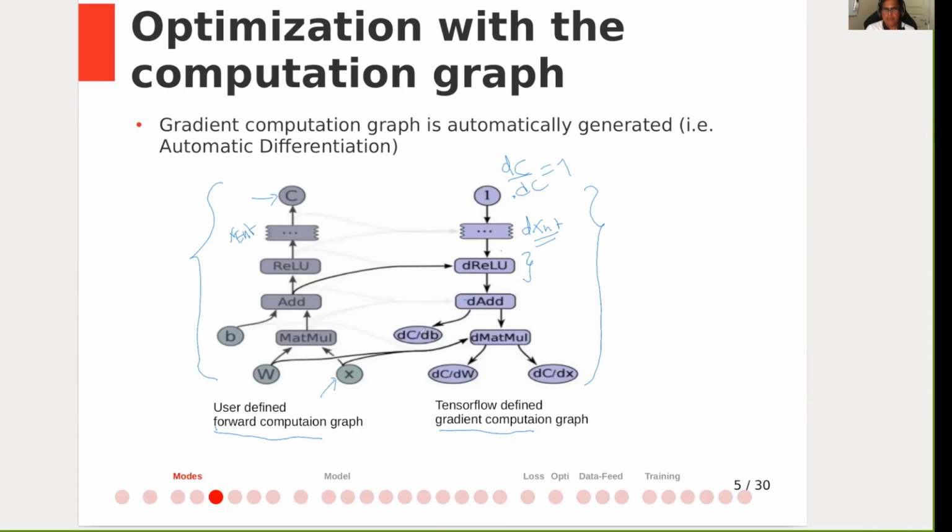For example, dC over db is the gradient with respect to the bias, and dC over dW is the gradient with respect to the weight matrix. These are the two parameters. And once the system computes these gradients, they can be used in updating the parameters b and W, and so you can perform training.